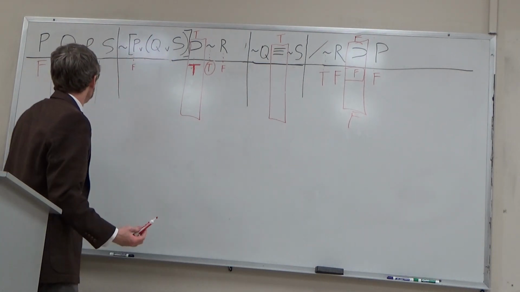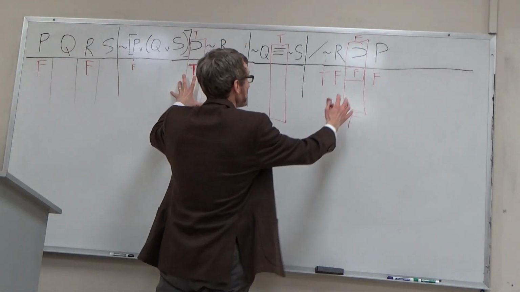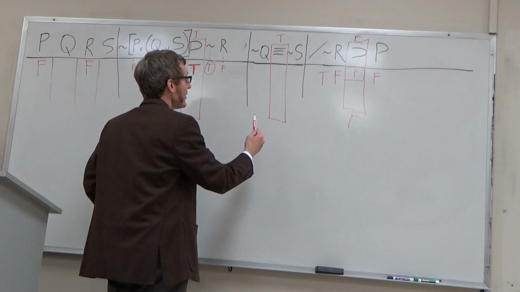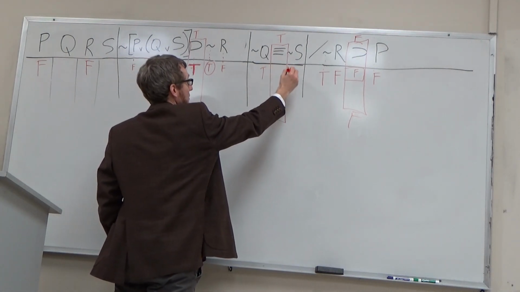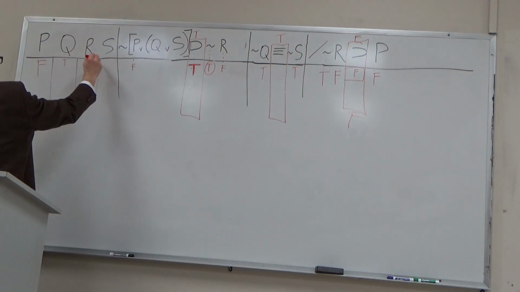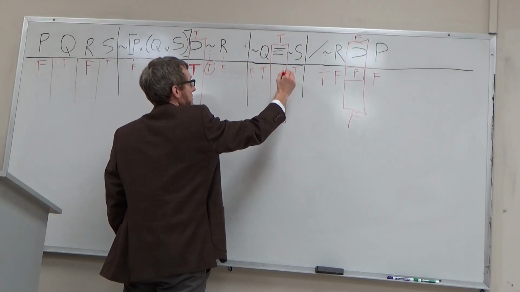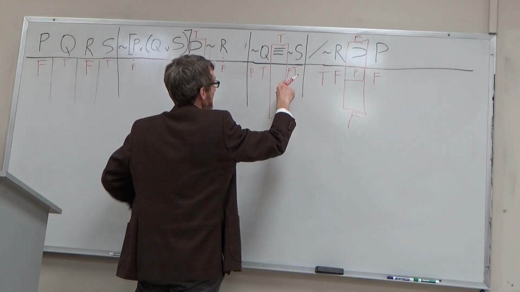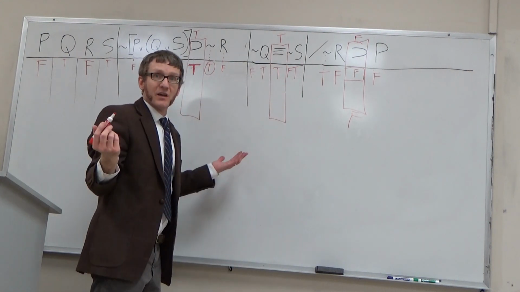Is it possible that I could have P and R be false and thus this line be true and this line be false while, let's say, both of these were true? Well, if both of them are true, then the negation of both of them is false. And if both of them are false, then triple bar is true. So bingo, there you go.